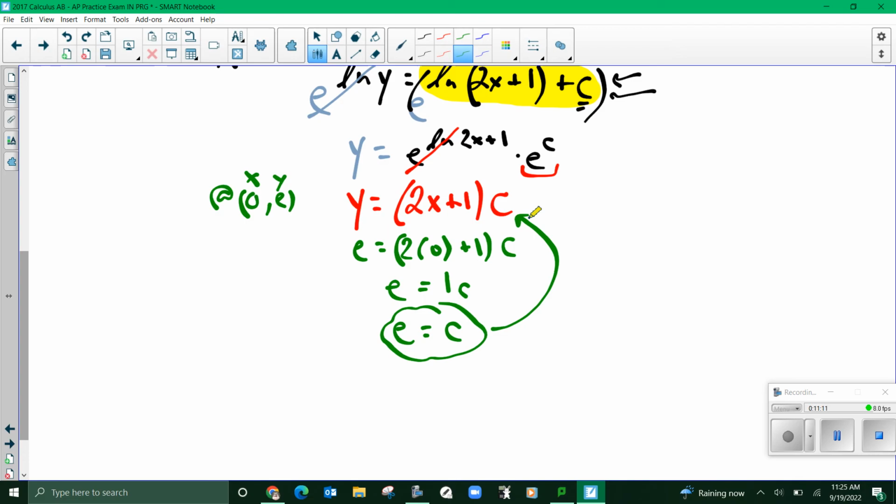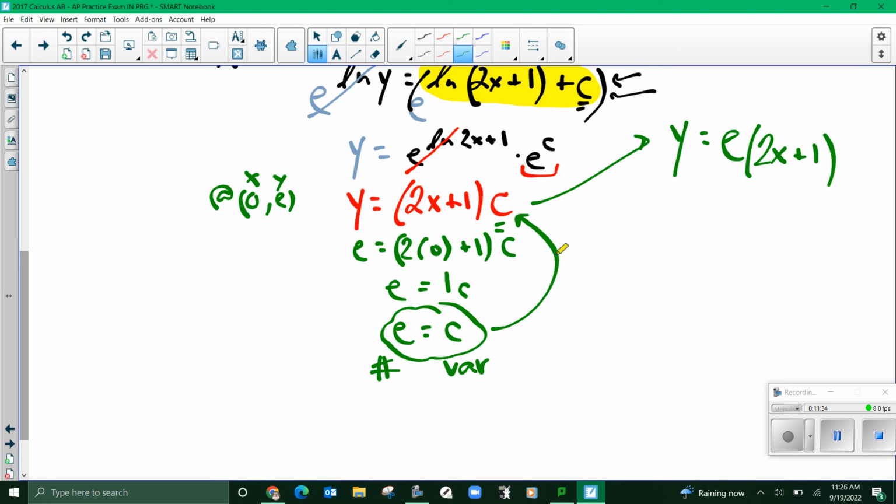All right? So let's do that right here. Y equals E. I'm going to put this first. My C is now E. This is real weird. I'm substituting one letter for another. But remember, E is a number. C was a variable. We're plugging the number E into that variable. To the 2x plus 1.